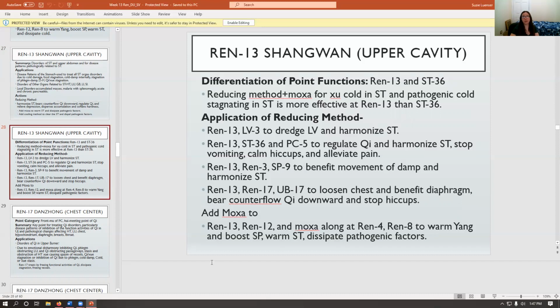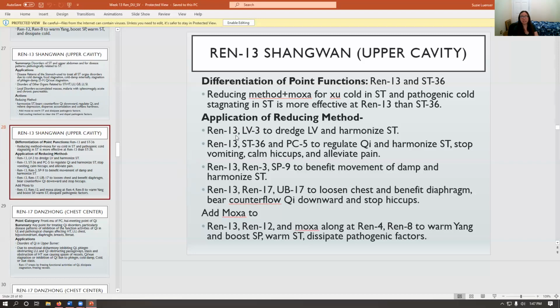Really, with these point combinations, you're going to see that this is kind of a branch point. So liver 3 with Ren 13 for liver stomach disharmony, stomach 36 and PC5. It's basically going to work locally for vomiting and hiccups with counterflow. With Ren 3 and spleen 9, it's going to be treating dampness and urinary issues having to do with that.